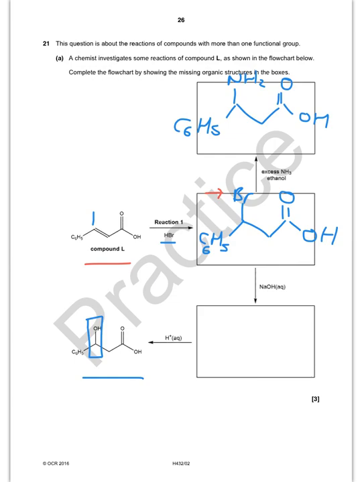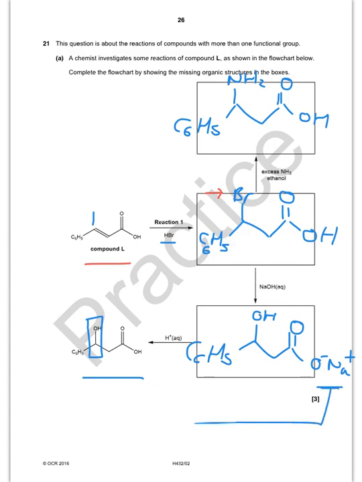With NaOH, that there is going to give you C6H5, but then you're going to do a nucleophilic substitution of your bromine to give you OH. However, you are now in alkaline conditions, so you are going to deprotonate your carboxylic acid like so. And then finally your H+ will just take that to give you back your carboxylic acid.